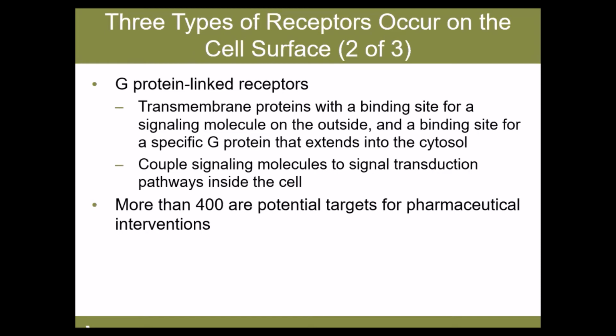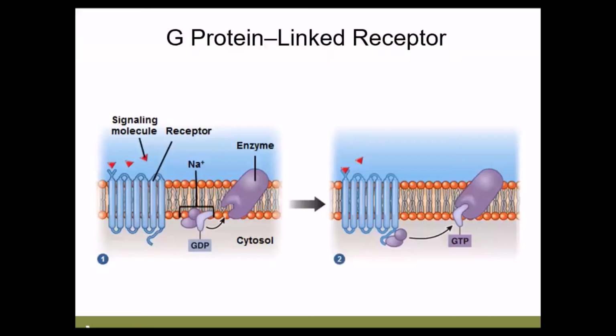But in this case, it also has a binding site on the inside of the cell, and it binds to something called a G protein that goes inside the cell into the cytosol. Other signaling molecules will create a pathway, a biochemical reaction, almost like a domino effect inside of the cell that is linked to this reaction.